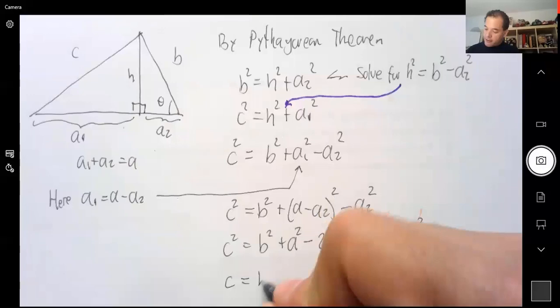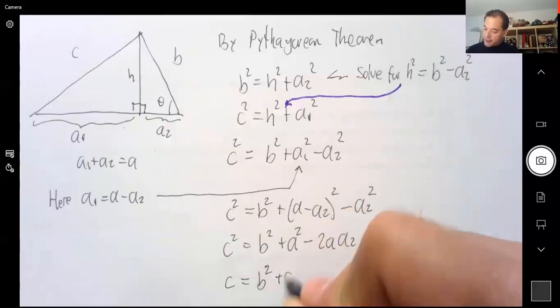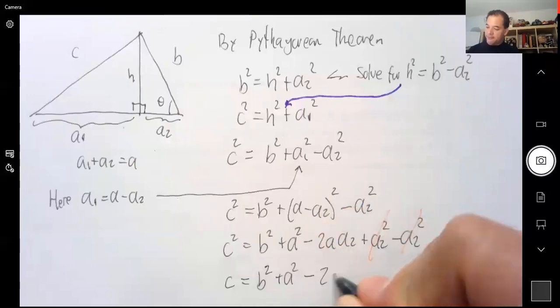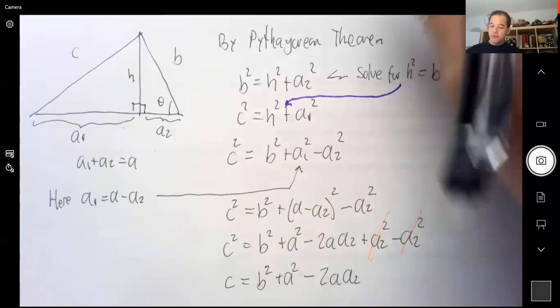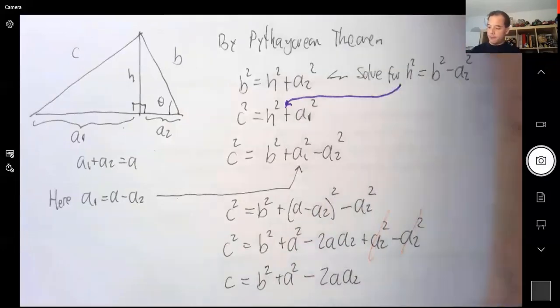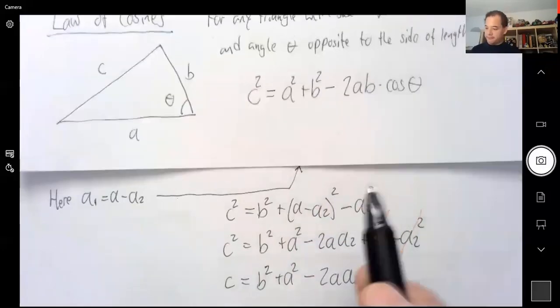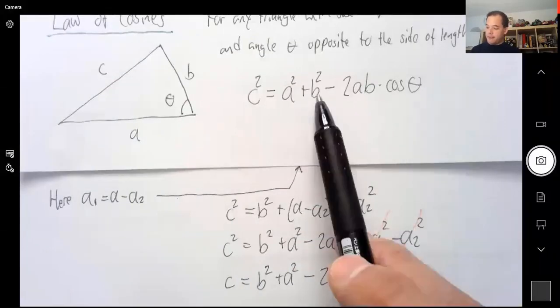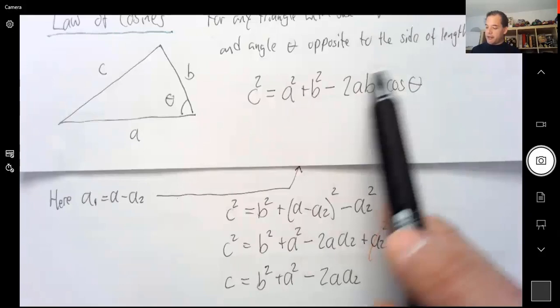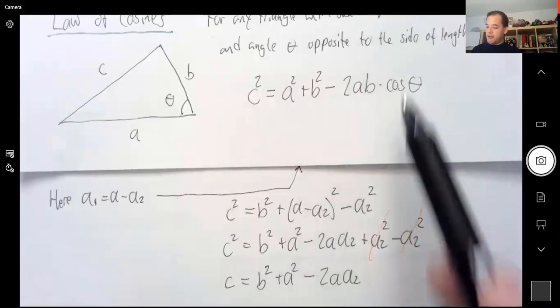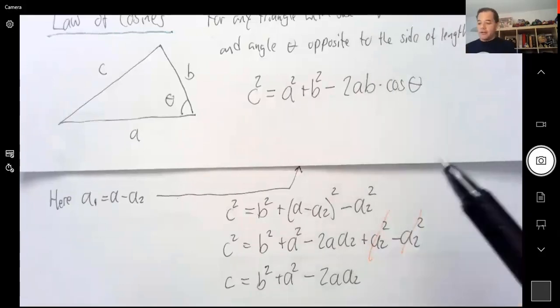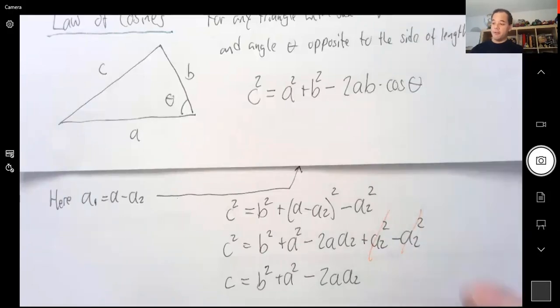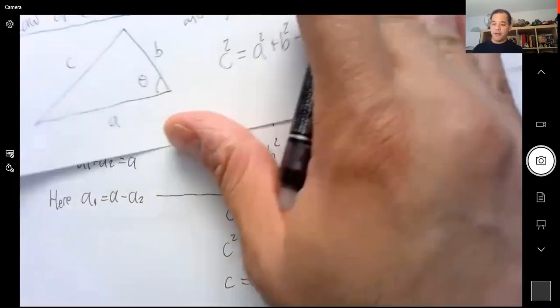I have b squared, a squared, and minus 2a a2. And I'm going to show you what we wanted. We wanted this. We're almost there, right? We have the a squared, the b squared, and these are almost the same. We're almost done. There's only one step missing, which is to get rid of the cosine.